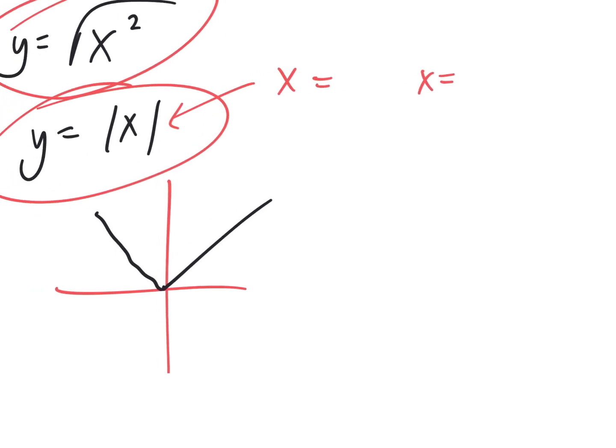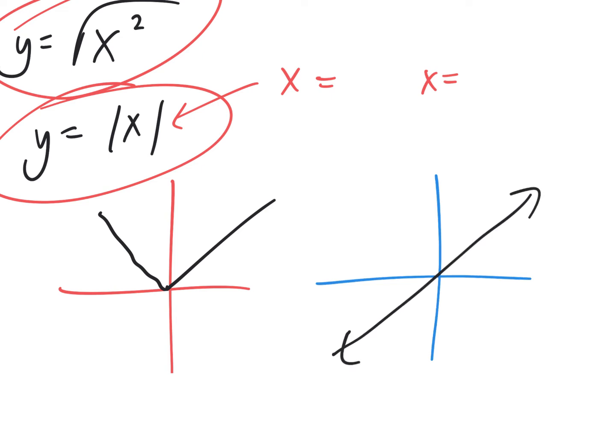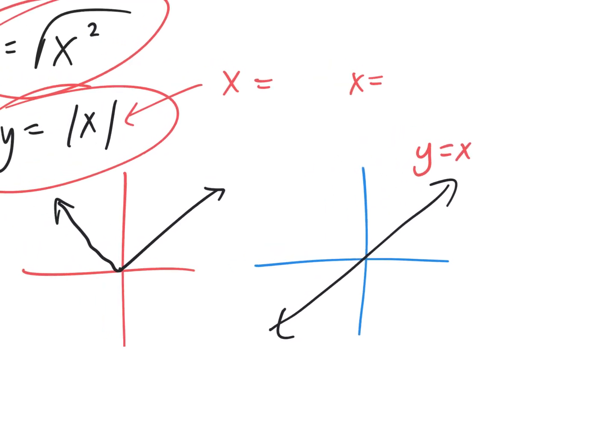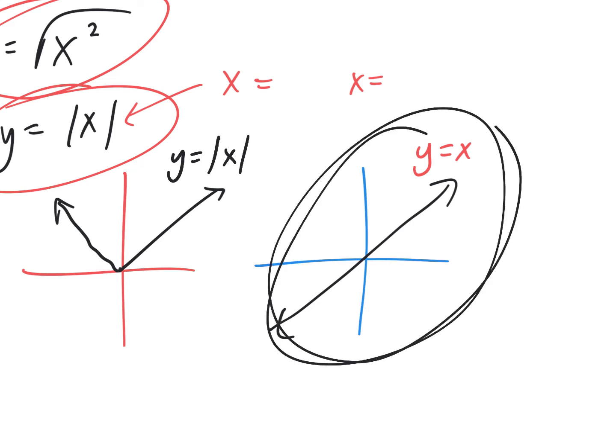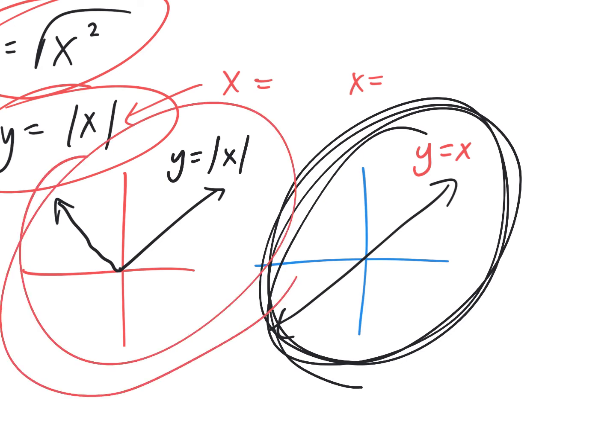So let's explore the difference between y equals x, which looks like this, and the absolute value graph. This is the graph of y equals x. This is the graph of y equals the absolute value of x. When we take this and then do this to it, do you get that we absolute valued the function?